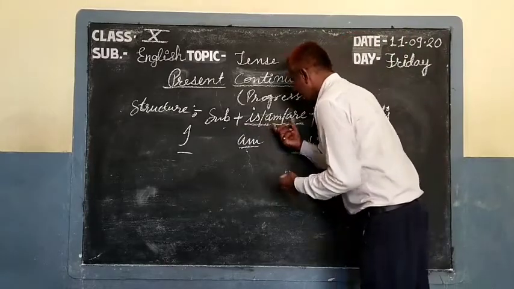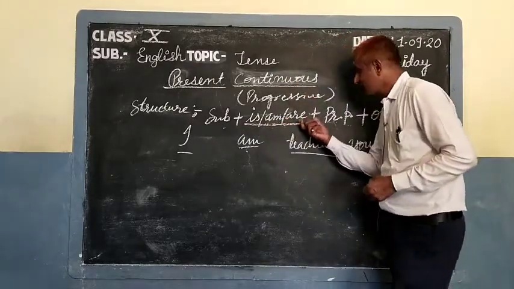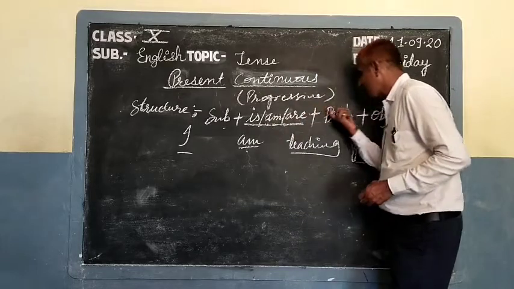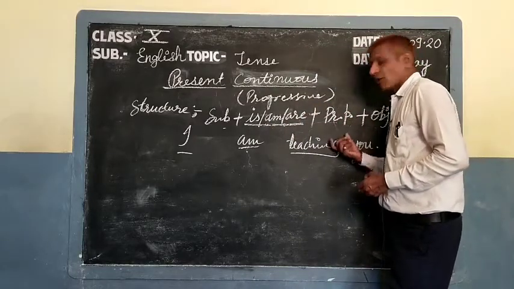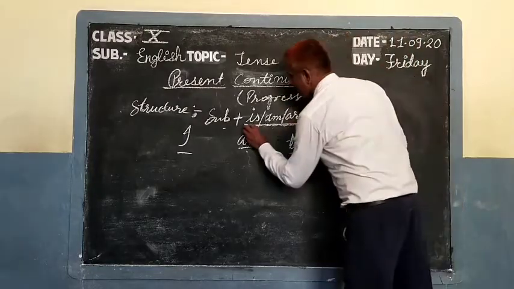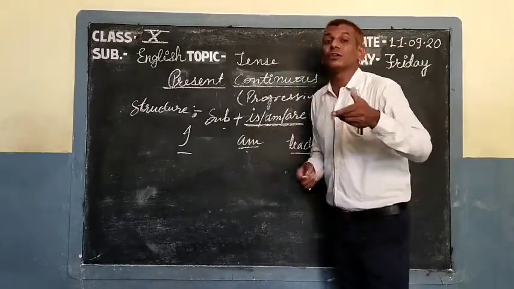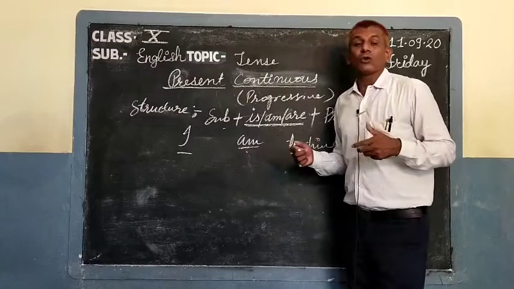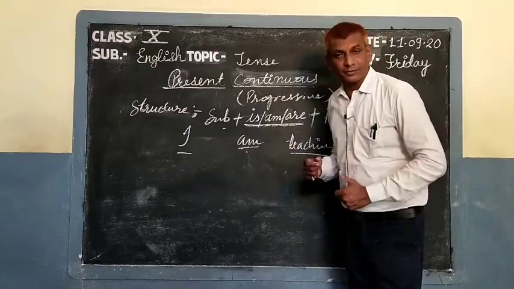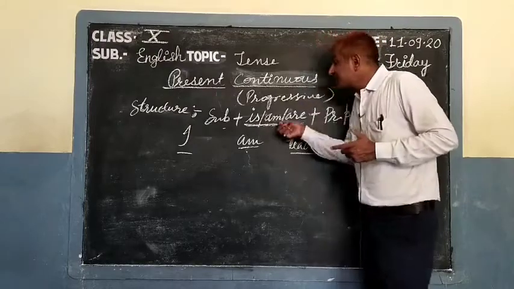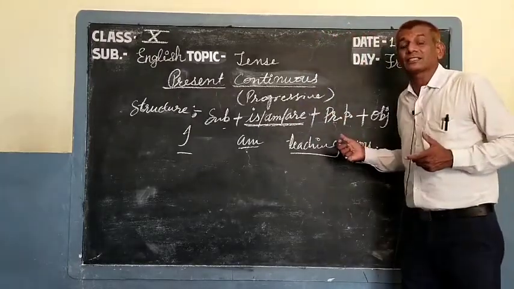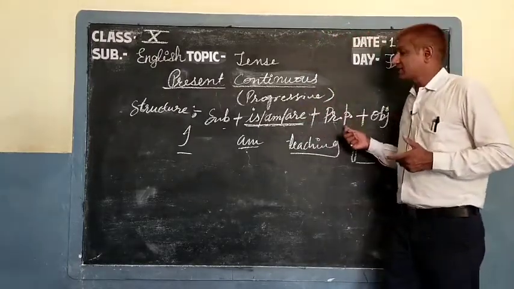So these verbs are helping verbs. These are called auxiliary verbs. These are called assisting verbs, assisting or helping to make the sentence.